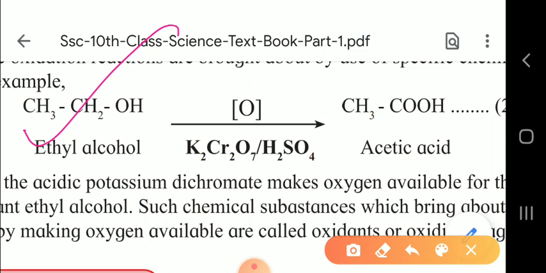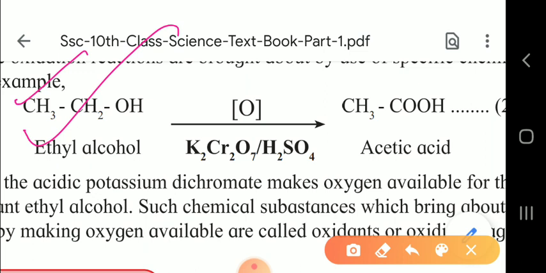Here we'll see that some oxidation reactions are brought about by the use of specific chemical substances. For example, ethyl alcohol, CH3CH2OH, in the presence of oxygen and K2Cr2O7 with H2SO4. K2Cr2O7 is potassium dichromate, and in the presence of H2SO4 it becomes acidic.